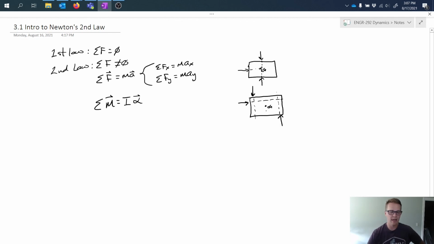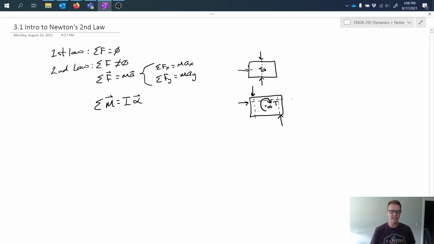Similarly, I could apply a torque or a moment directly to my rigid body. So I could apply, let's call it a torque, T, to this. Say for example, I put a screwdriver into something and twist it. That's applying a direct torque to that object and causing rotation. And all of that comes into play in terms of how this rigid body might respond to motion.